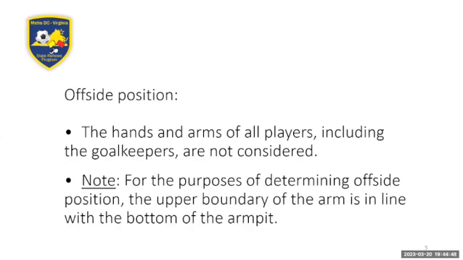Hands and arms, including the goalkeepers, are not considered. The upper boundary of the arm is in line with the bottom of the armpit. If you go into Law 11, you can see a schematic that shows where the bottom of the armpit is judged.